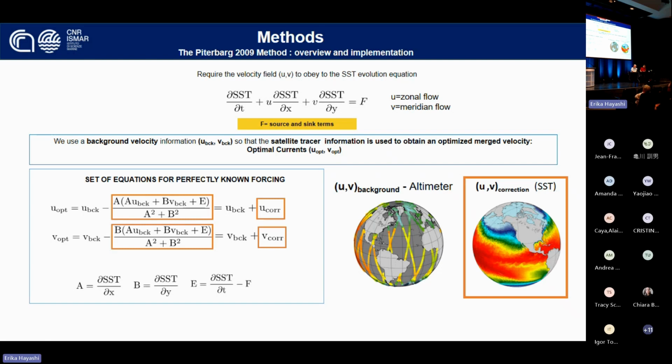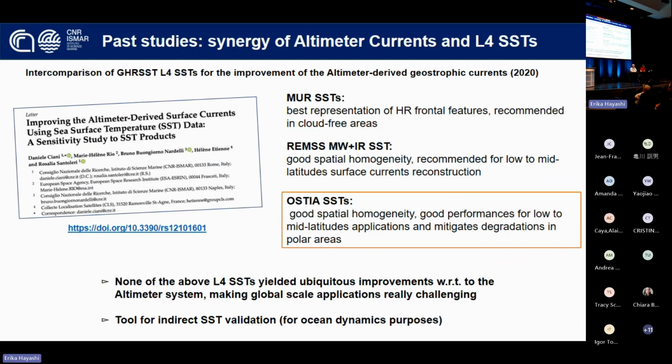And as you can see, the correction terms extensively rely on the computation of SST gradients and SST temporal variations, but also important, the knowledge of the source and sink terms of the SST.